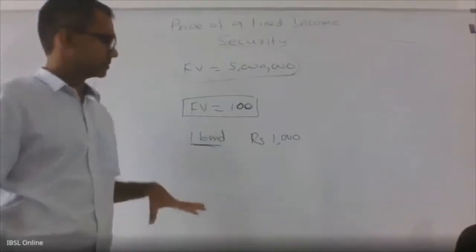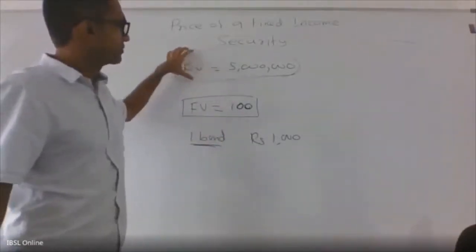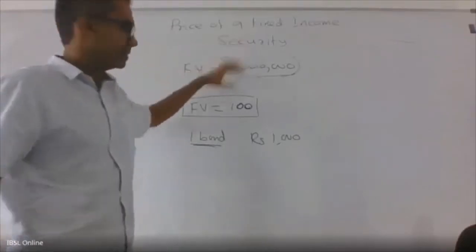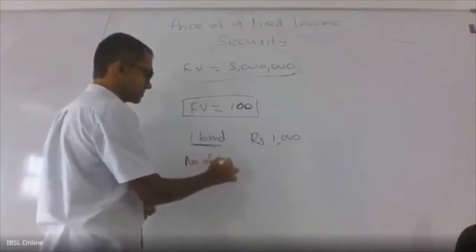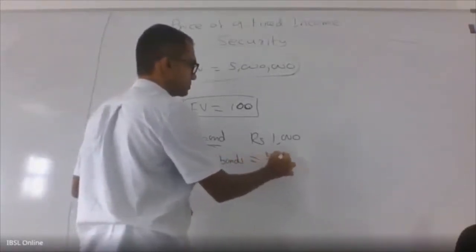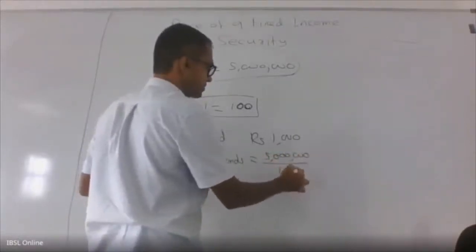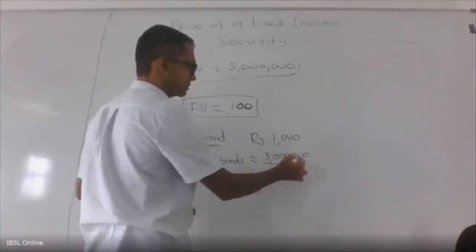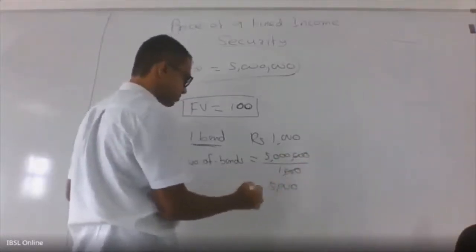So, if you want to buy bonds worth 5 million, then the number of bonds that you have to buy is 5 million divided by 1,000. That means 5,000 bonds.